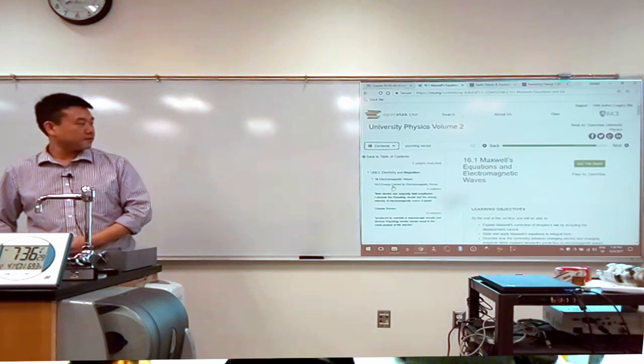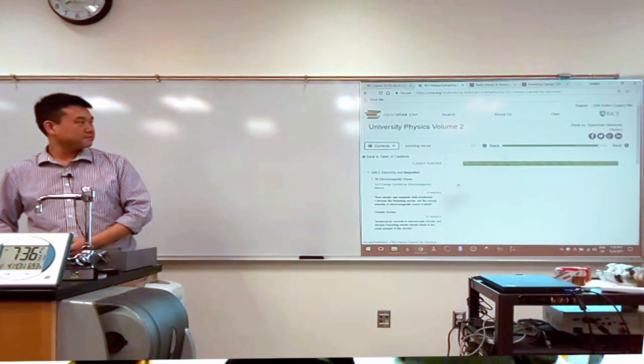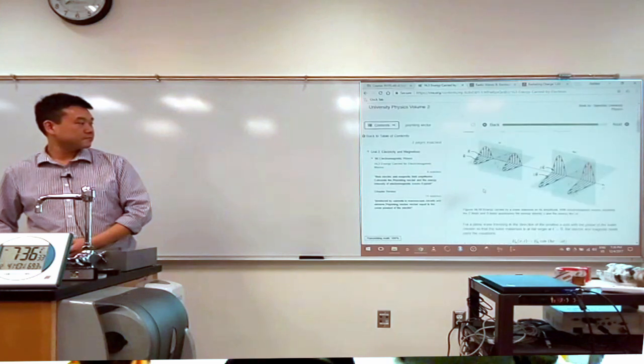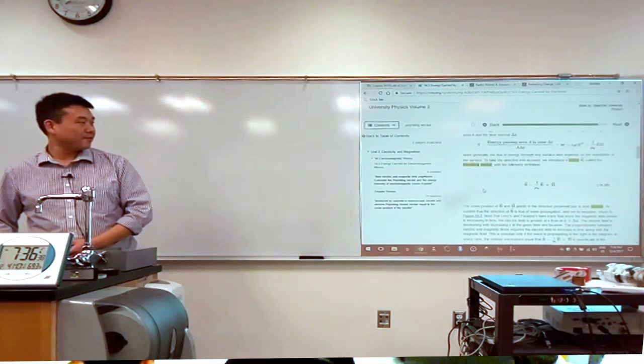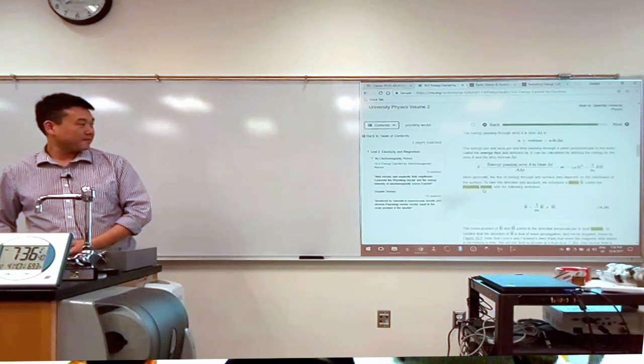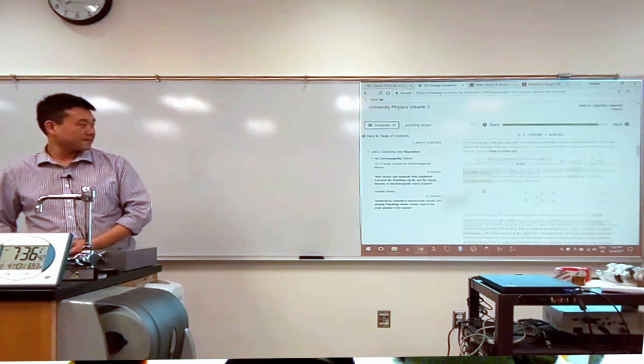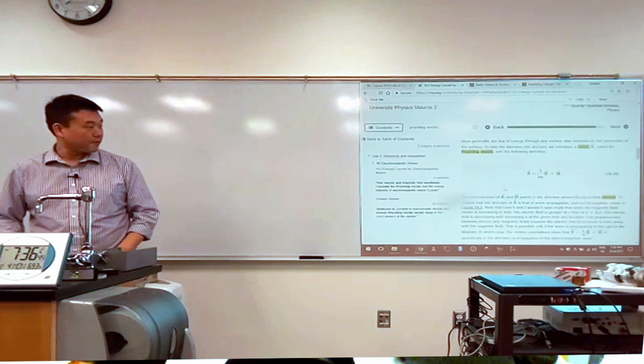Here, maybe that'll get me to the formula page. I haven't really looked where the Poynting vector is here. Wait, there it is. So this is the formula for the Poynting vector.